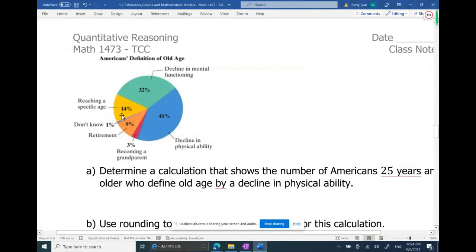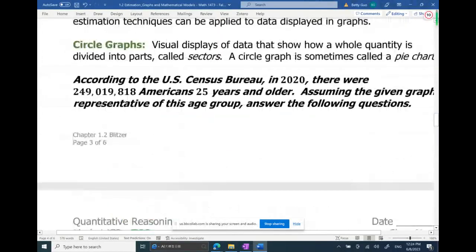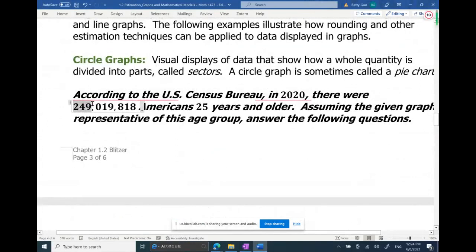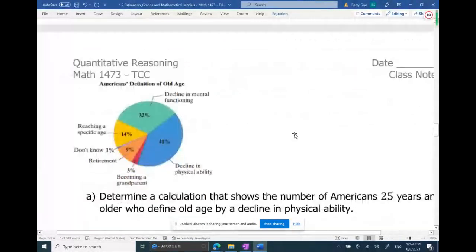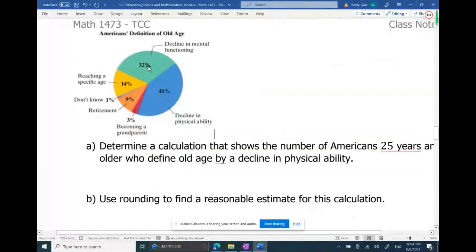So the total of those percentages must add up to 100%. And 100% should be the 249 million and so on, that population, right? So as you can see, 32% of those people who answered the survey think that decline in mental functioning defines old age, getting old.